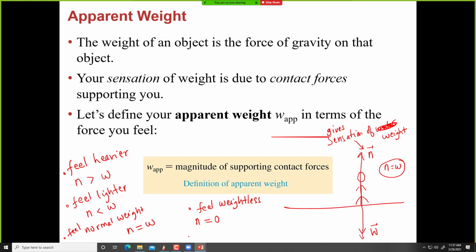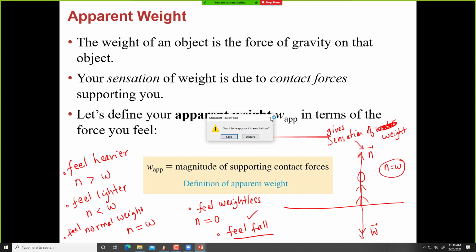This is when you are falling in the sky and there is no surface providing you the normal force. The example for this one is free fall. When you are falling freely, you feel weightless. Although you have weight, the gravity is pulling you down, the apparent weight is 0 because there is no normal force.